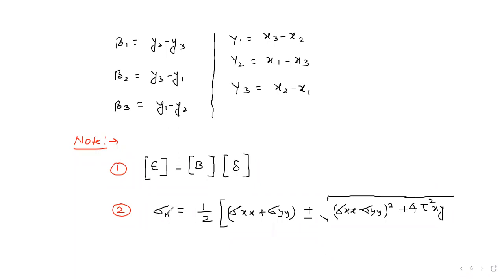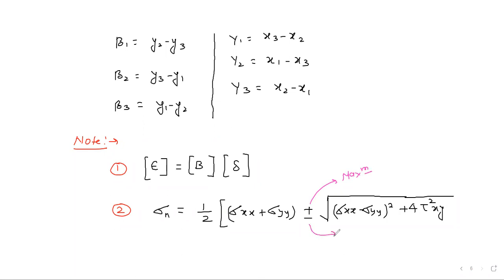So this is the formula for finding normal stress. If they are asking you to find the normal stress, you are going to apply this, because whatever stress you get, whether in x direction or in y direction, sigma xx and sigma yy you can calculate. If I use the plus sign, we are going to get the maximum.